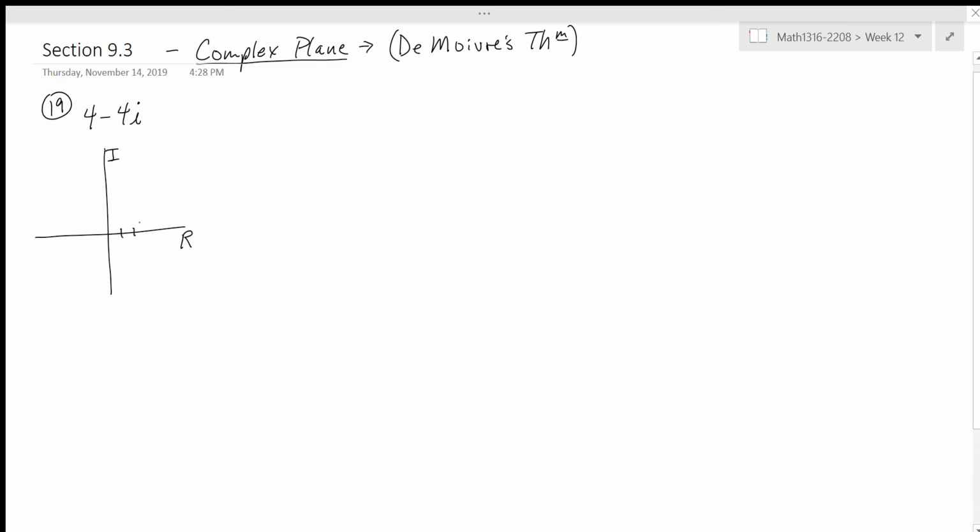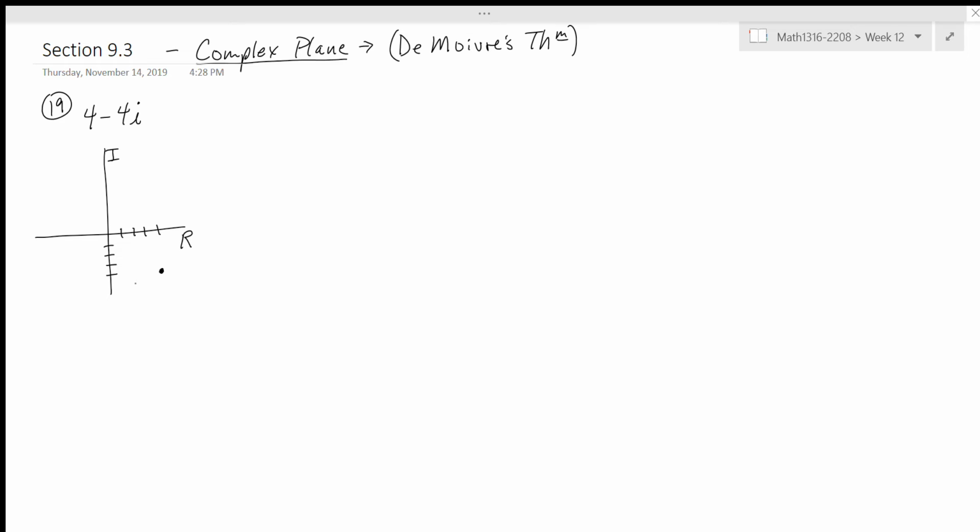So we're going to go over to positive 4. And then what is the negative 4? That's the imaginary part. And since it's negative, we're going to go down. And do you see it works pretty much just like an x and a y? The real part is the x, the imaginary part is the y, if you want to think of it that way. And that's how you put the dot in the right spot.